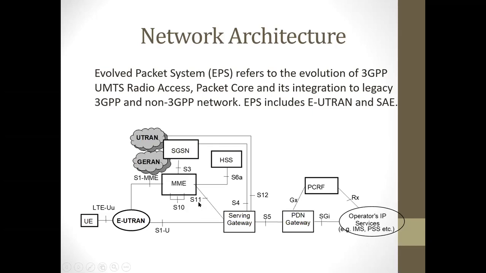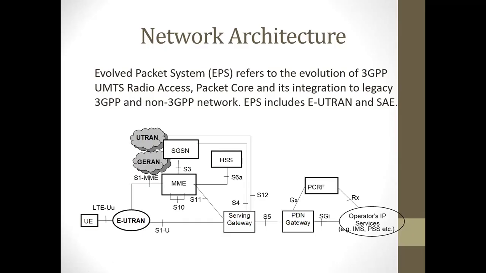This whole thing is called network architecture: the way you put the components in the network. If you look at the network architecture for 2G or 3G, you can just go online and check, you'll find also 2 different components, 2 different paths in the core network.